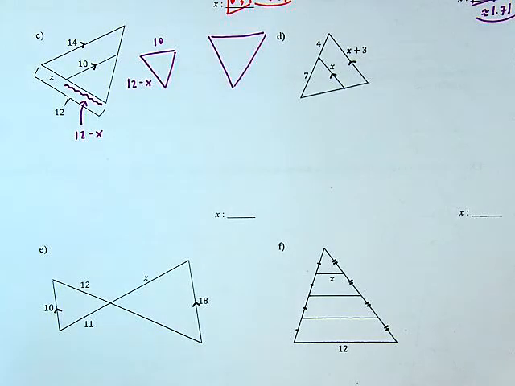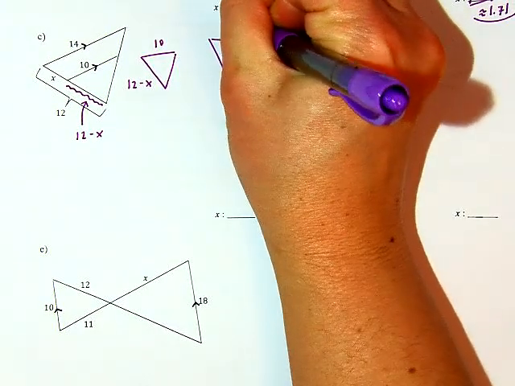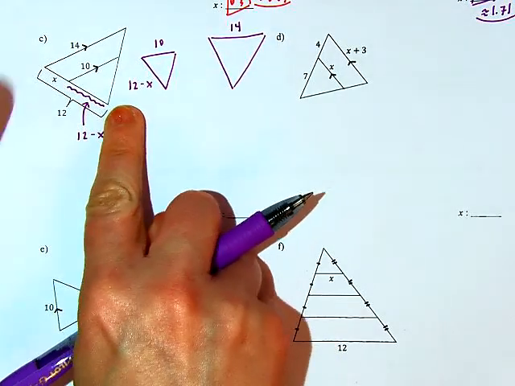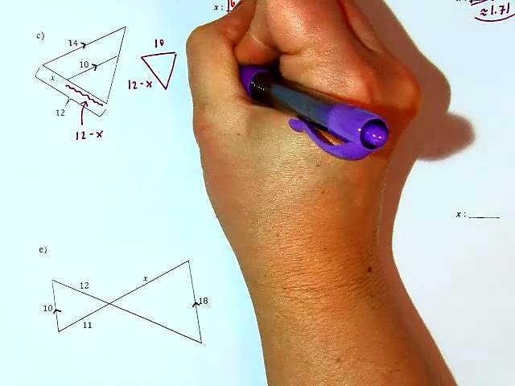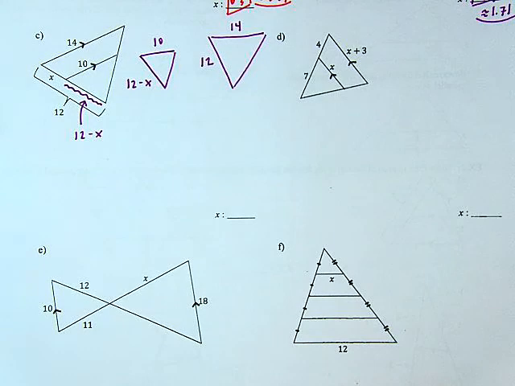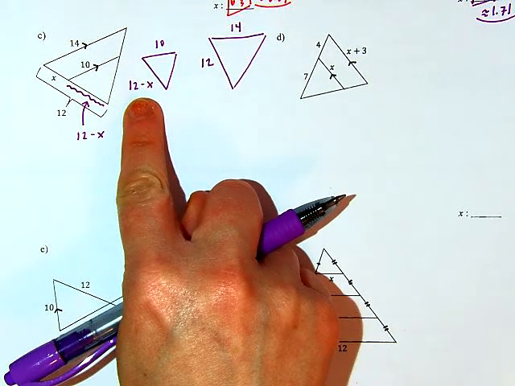Okay, so I have my small triangle with the sides marked. Now for the big one, I know that this is 14, and this full side is defined as 12. So now that I can see them as sides of a triangle, I can build my proportion. I can say that 10 is to 14 as 12 minus x is to 12.